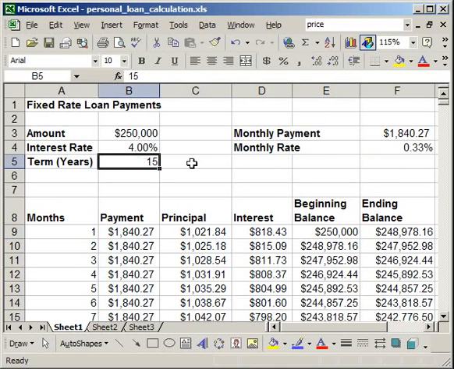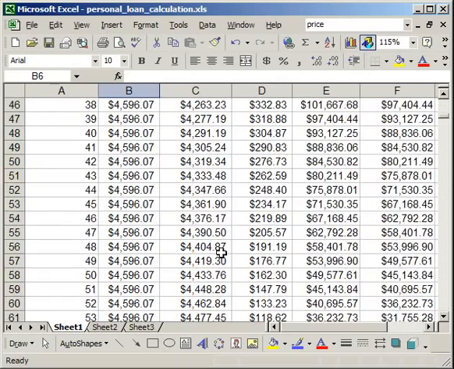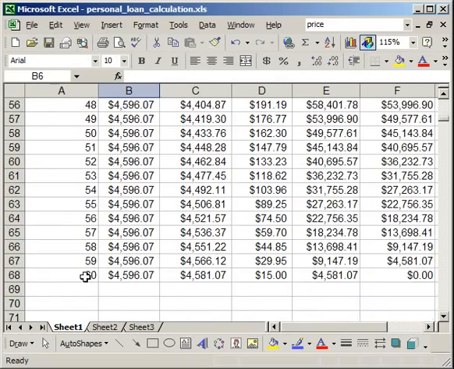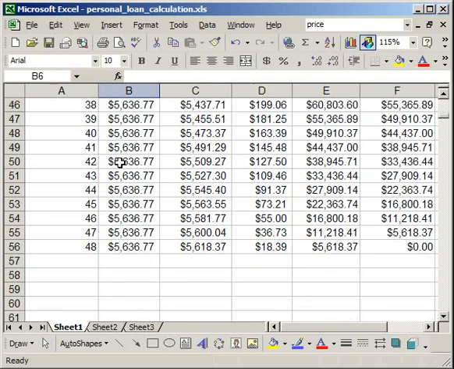So let's go extreme here just because I don't want to scroll down too much. If I have a 5-year loan, you can see that it only goes to 60 months. So it shows you every month in the period it's going to be paid for. If I go to 4 years, you can see it only shows up to 48.